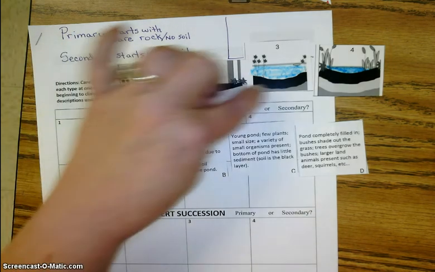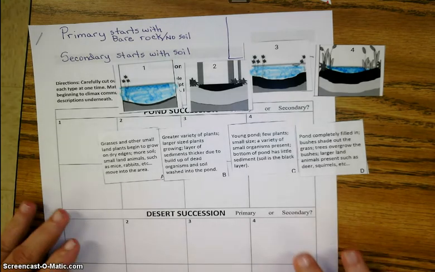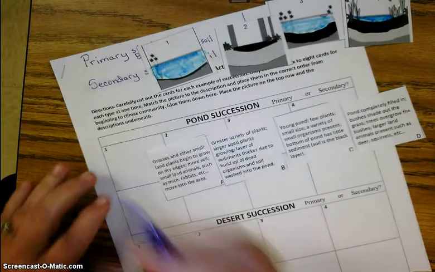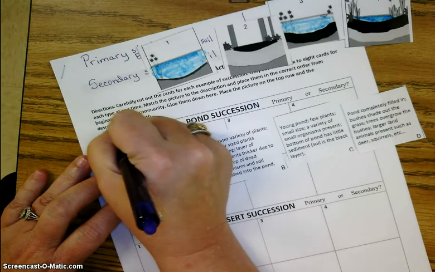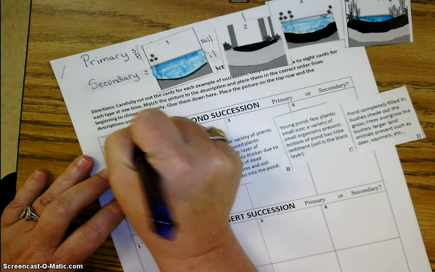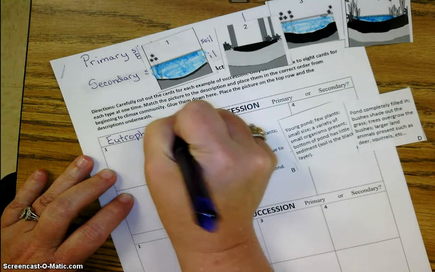The dark black is the sediment that's filling in the pond until it gets to be filled with land, not a pond anymore. And that process actually has a special name, and it's called eutrophication. Eutrophication. Please write that down.